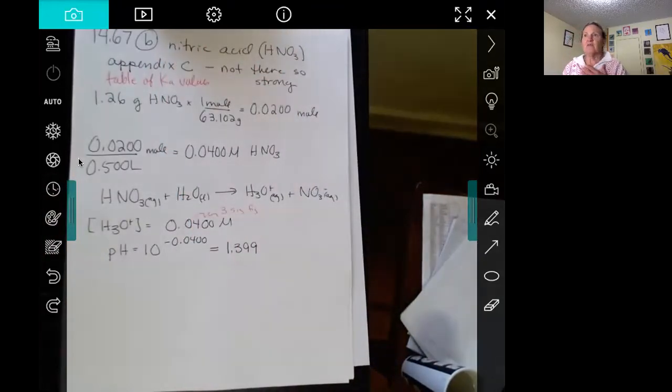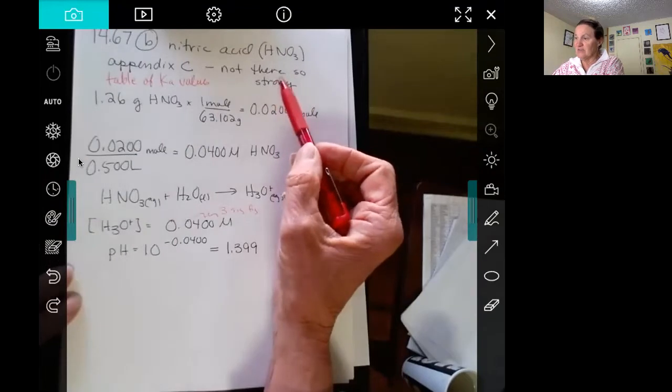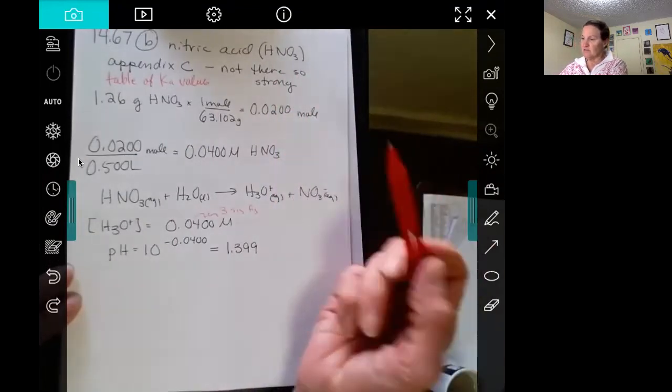My rule would be if I give you something on the test that's not in your Ka table, then you should assume that it's a strong acid or a strong base. So we'll assume it's strong.